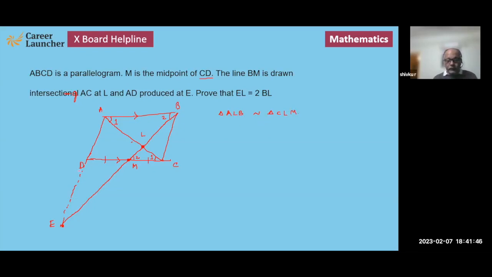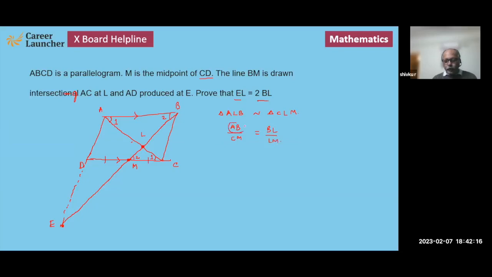So we got this. Now let's look at the second part. We need to find out the relation between EL and BL, right? Remember? So from this, I know that AB by CM must be equal to BL by LM, right?